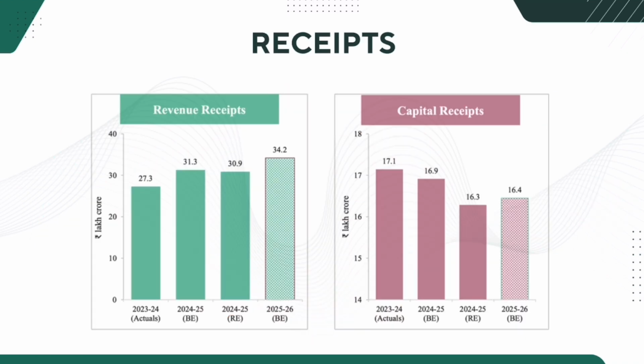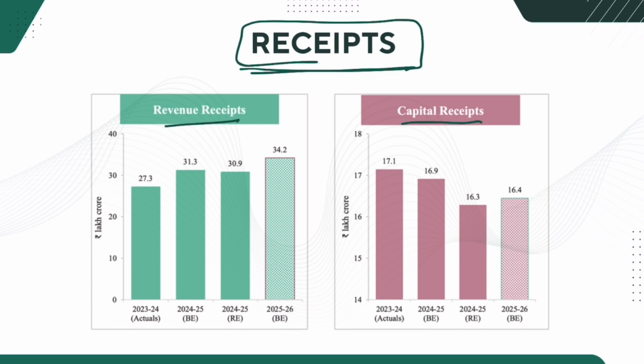Now, as far as the trends in receipts are concerned, revenue receipts and capital receipts: revenue receipts of Government of India are rising, as far as this budget is concerned. Though there is a difference between the estimate made in 2024-25 and the actual amount collected, revenue receipts are showing an increasing trend.